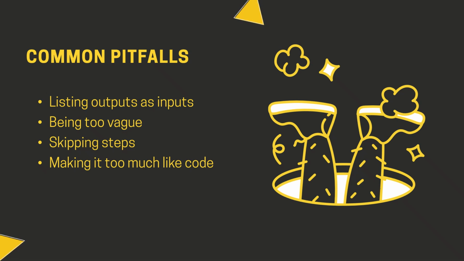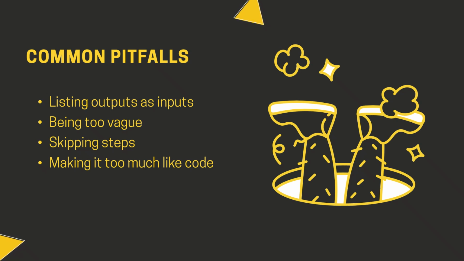The next one is skipping steps. In processing, don't just write calculate. Show the actual steps: multiply, add, apply tax. Break it down. Another issue that I see is making it too much like code.